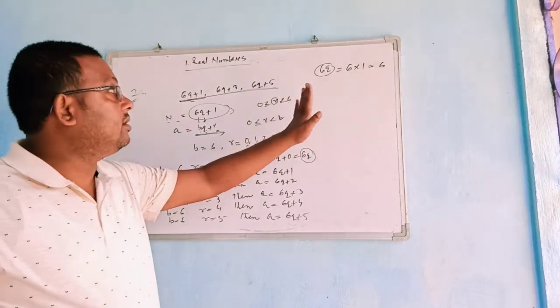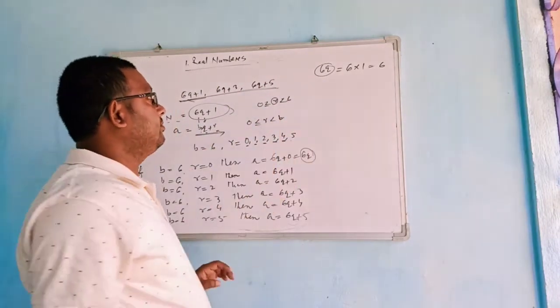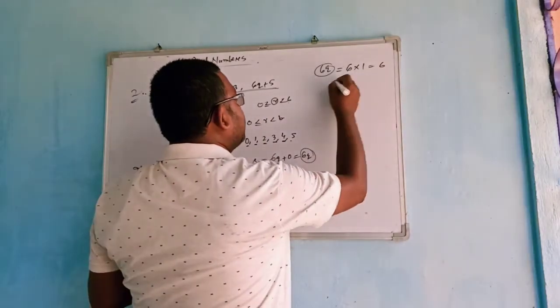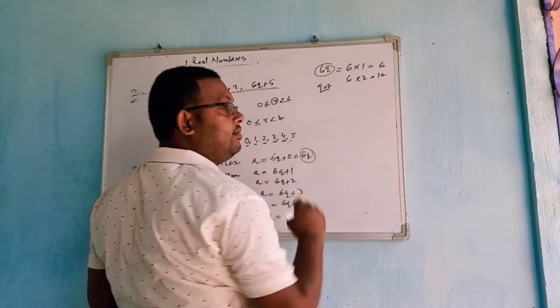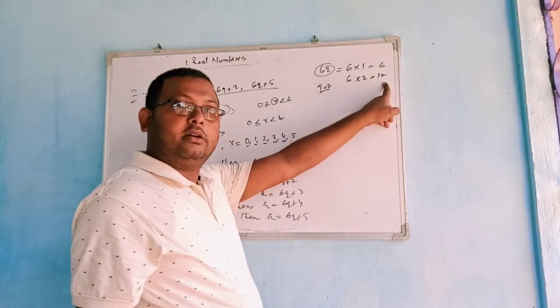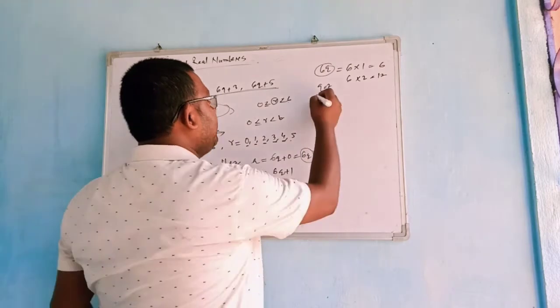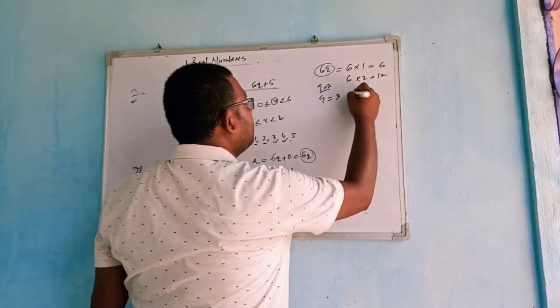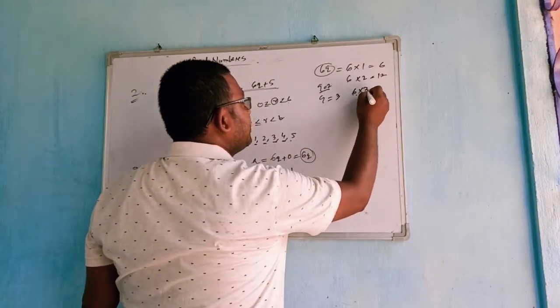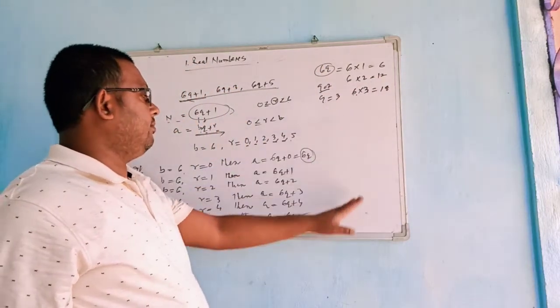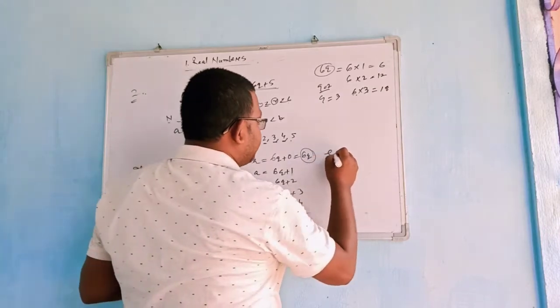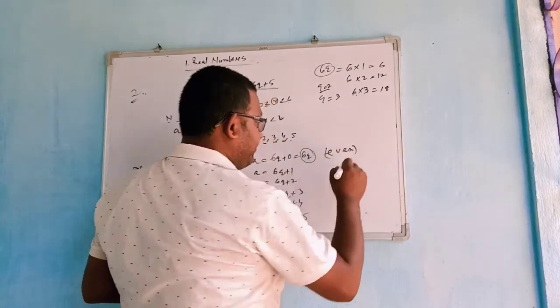It is even. If q equals 2, then 6 into 2 is 12, which is even. Similarly 6 into 3 is 18, and so on. So 6q is even.